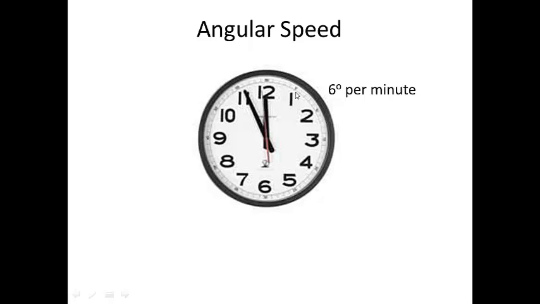And you can think of angular speed as how fast you open a door, because it's hinged at the corner and you're opening it and deciding how fast you can open that door, but you're not actually moving a linear distance. Okay, so that's the difference between angular speed and linear speed.